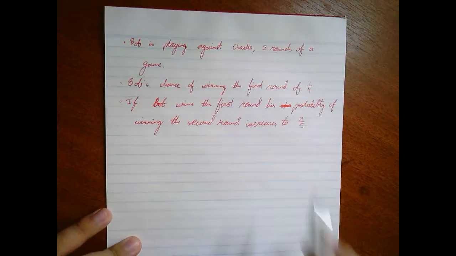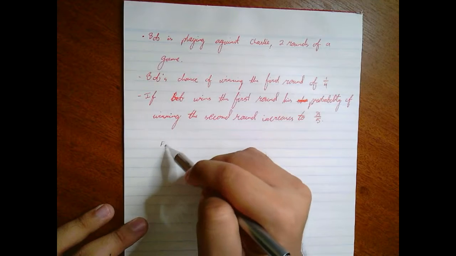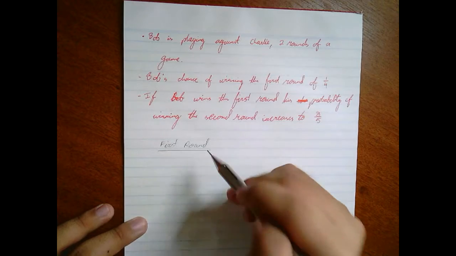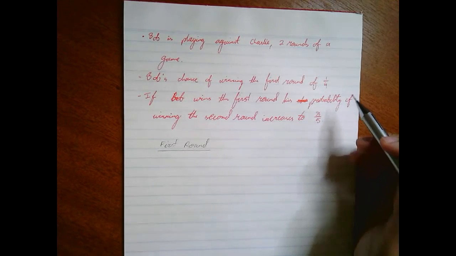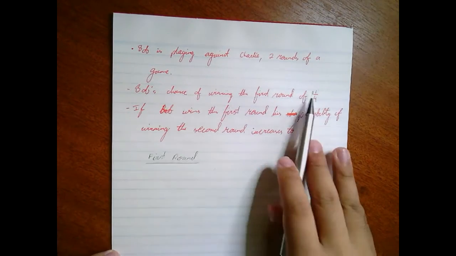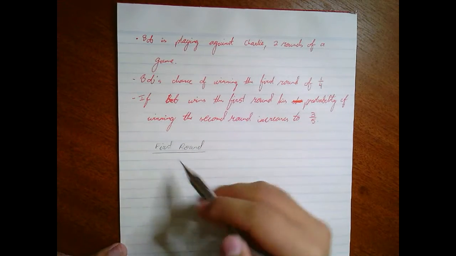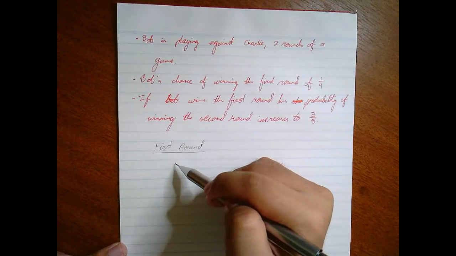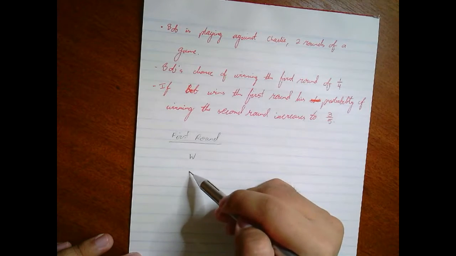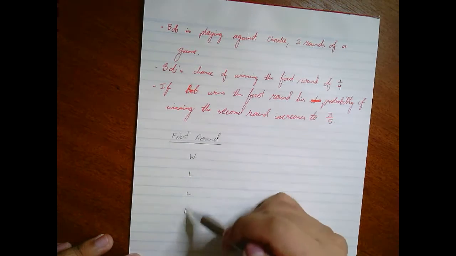Let's label this as first round. In the first round, it says 1 in 4 chance of winning, or 1 in 4 probability of winning. Does that mean there are 4 paths? If we were to think about that conceptually, it would be 1 path leading to victory and the rest leading to losing. 1 in 4.